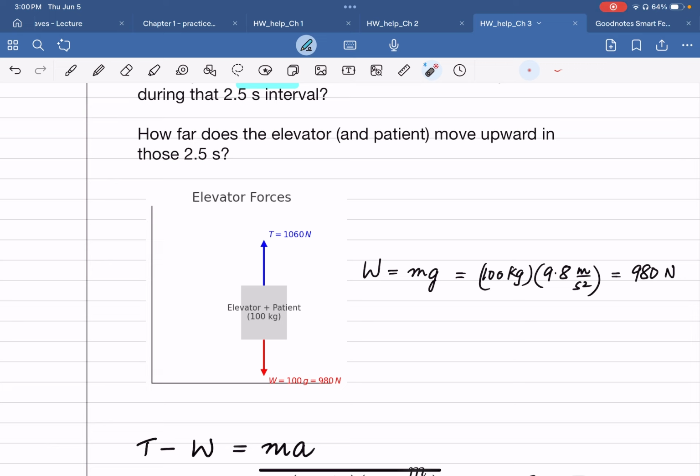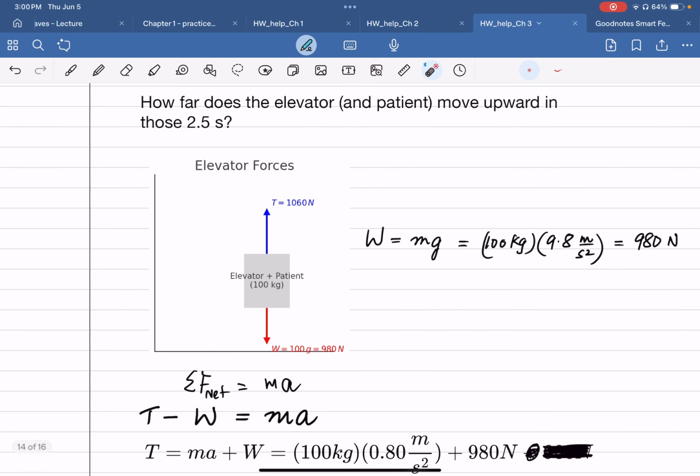Okay, watch this very carefully. This force is up. This force is down. So T minus the weight should be equal to ma, because net force is mass times acceleration. Or let me write that. The net force is mass times acceleration. And in this case, the net force is T minus the weight.